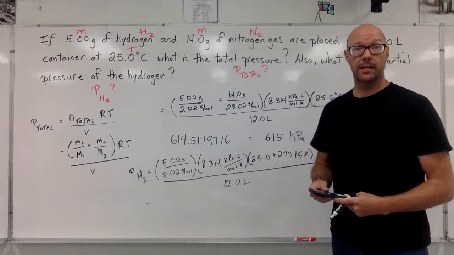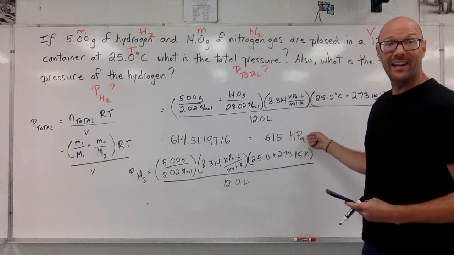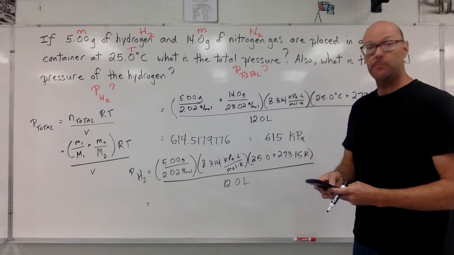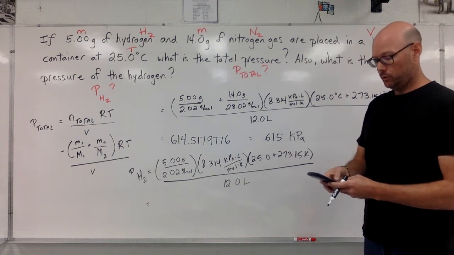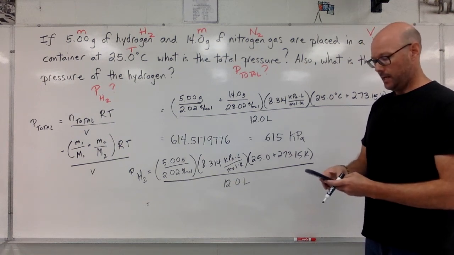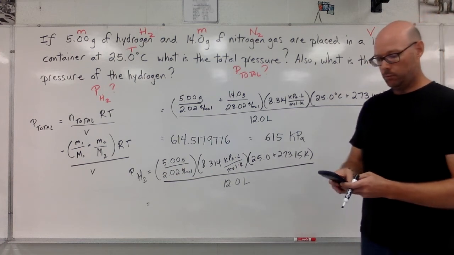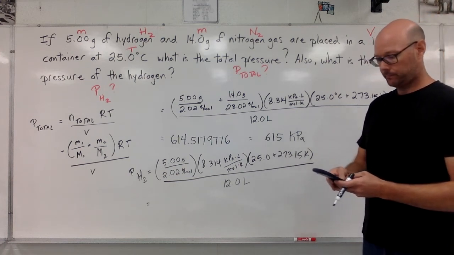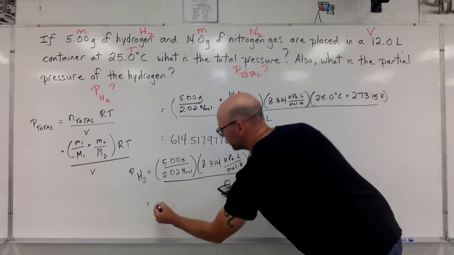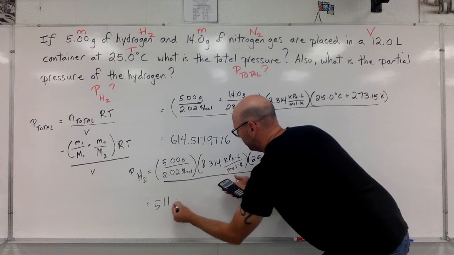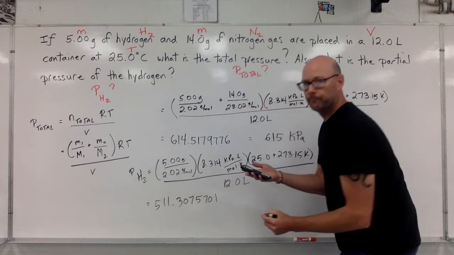I'm going to do a calculation now. I have the expectation that my answer is going to be way less than 615. I'm typing it in. 5 divided by 2.02 times 8.314 times 298.15 divided by 12 equals 511.3075701.